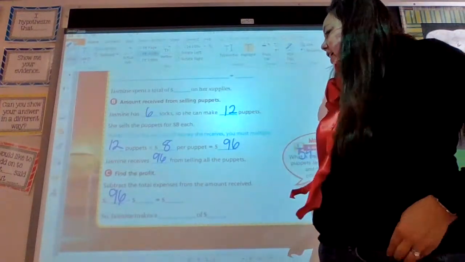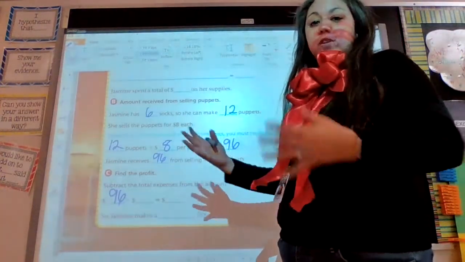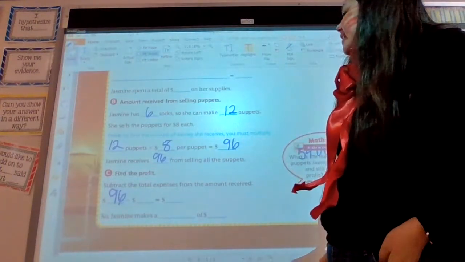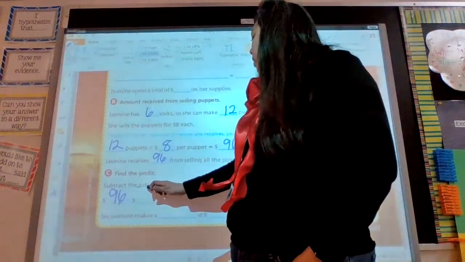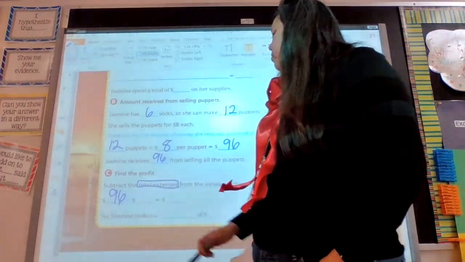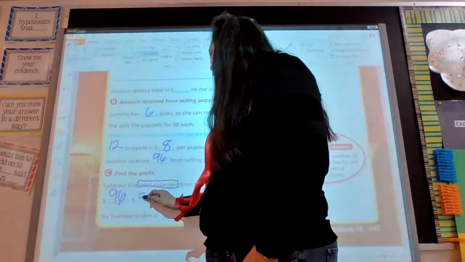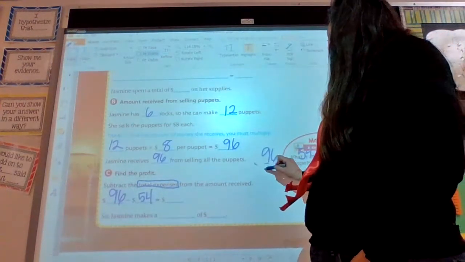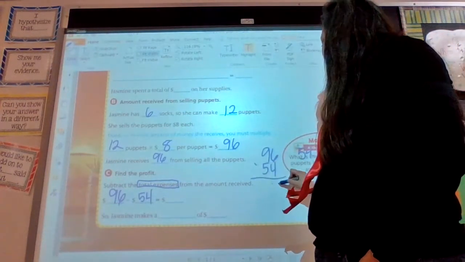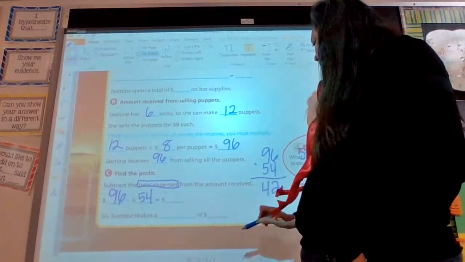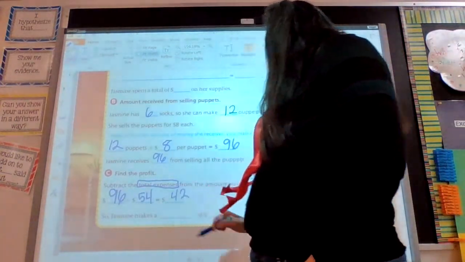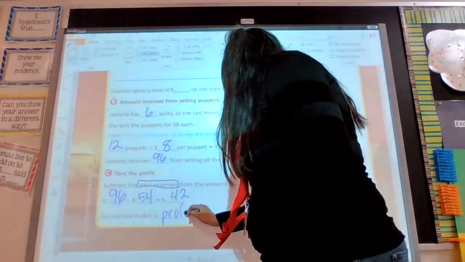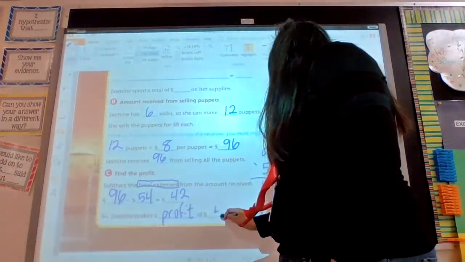That's how much money that she's bringing in when she sells that stuff. Minus her expenses. Well, how much did we have to spend on those puppets? We spent $54. So, 96 minus 54 is 42. So, Jasmine makes a profit, if I did my math correctly, of $42.